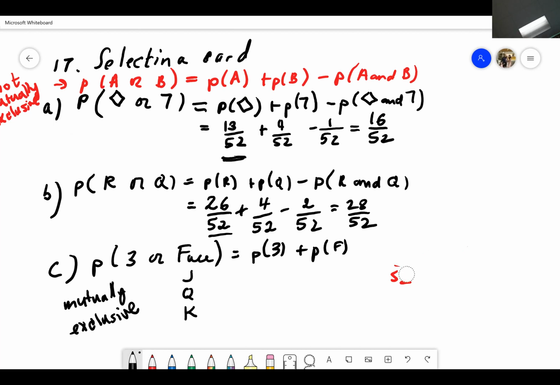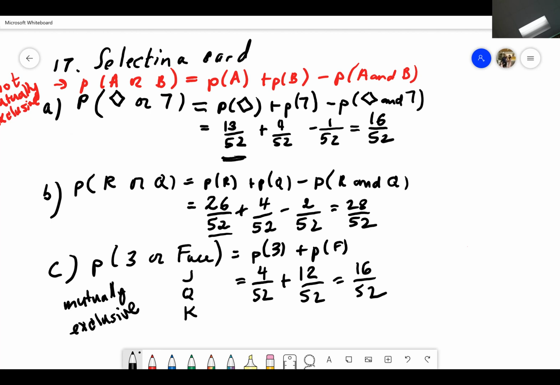So let me erase that. What's the probability of a 3? 4 out of 52. How about the probability of a face card? How many face cards do we have? 12. An ace is not considered a face card. And there you go, mutually exclusive events. That's all you do.